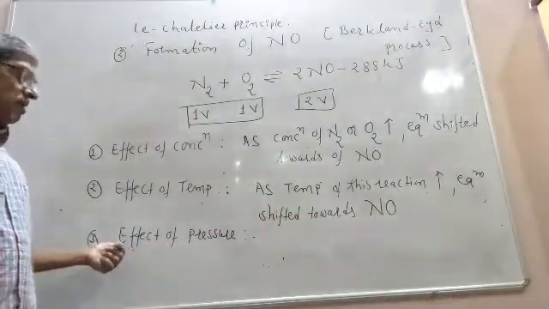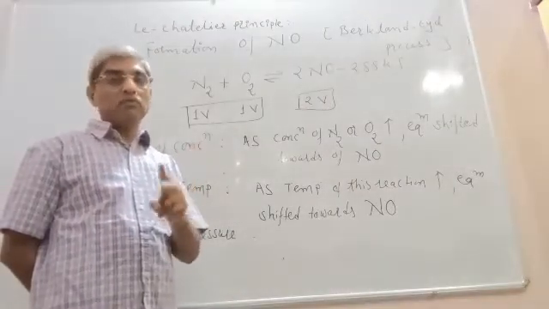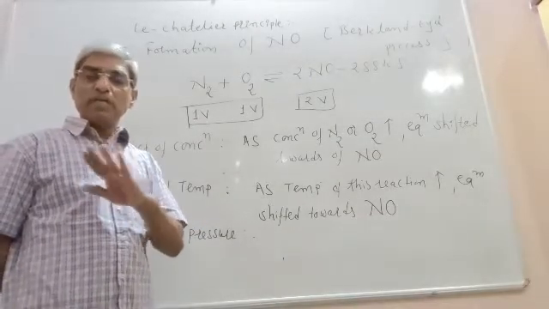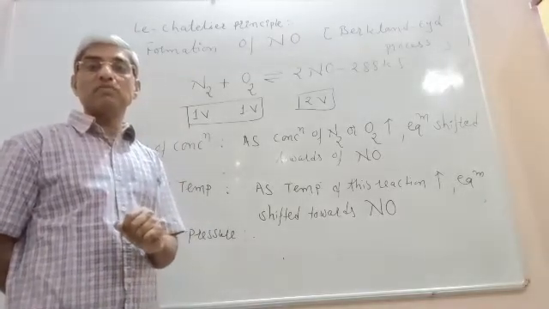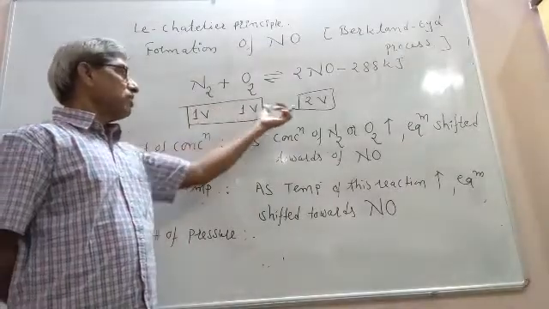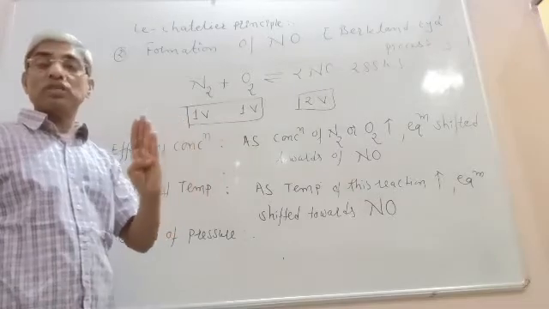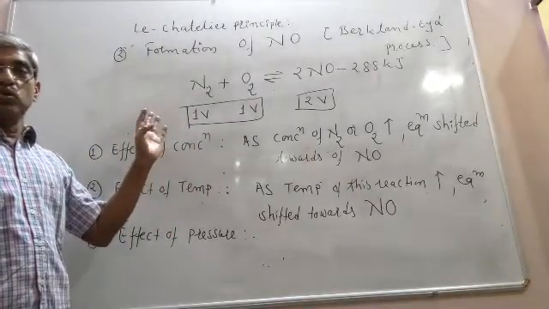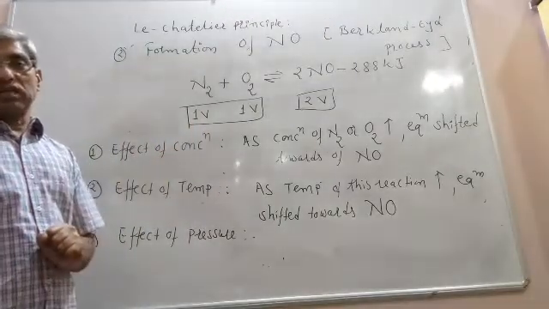Now then third factor, effect of pressure. Pressure affects the equilibrium of only gaseous reactions. Again, sub point: pressure has no effect on those gaseous reactions which take place with no change in volume. Here 2 volumes get converted into 2 volumes, so this reaction takes place with no change in volume. Therefore, pressure has no effect on this particular reaction.